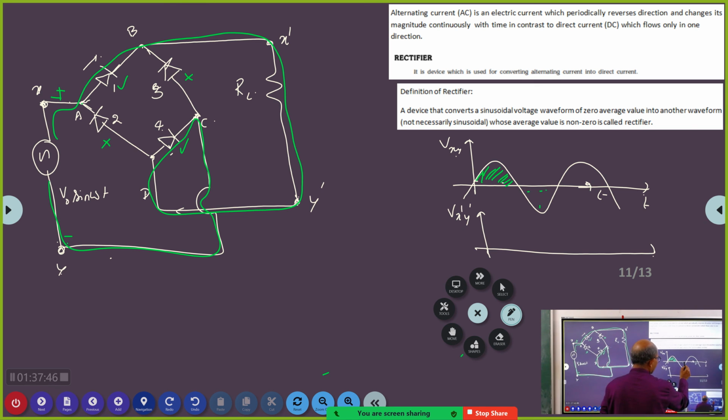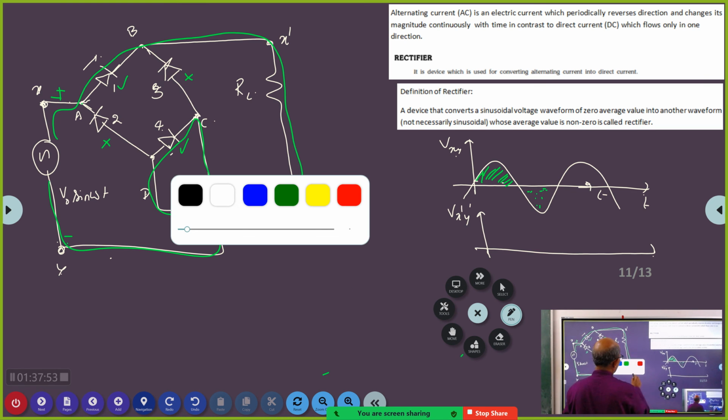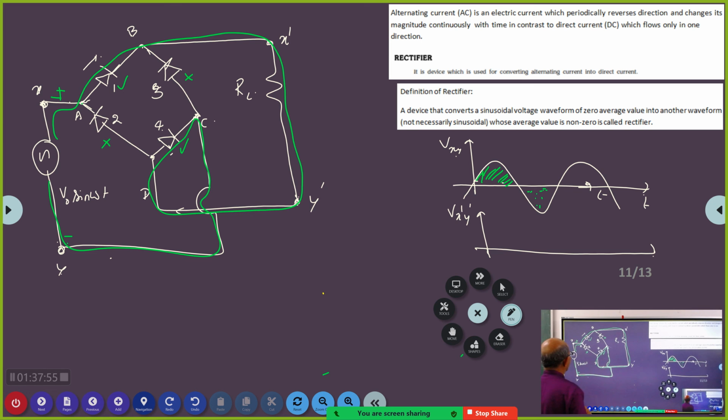Now, during this excursion, what happens? This is now negative, this is positive. Yes, sir. So now the current will flow like this.